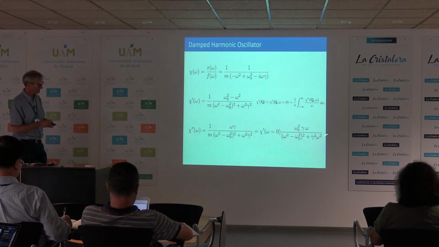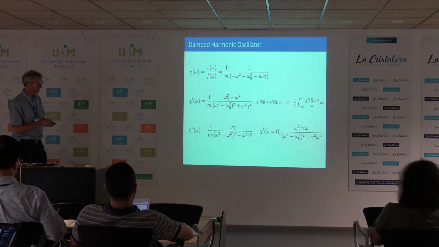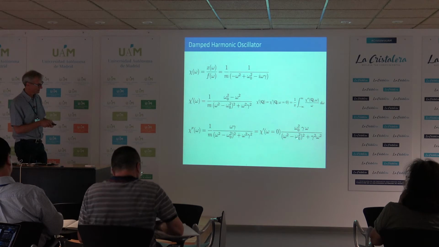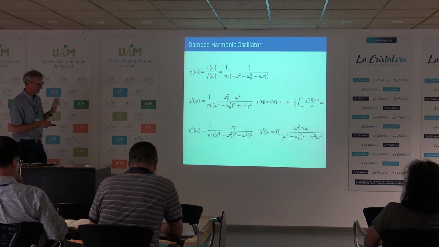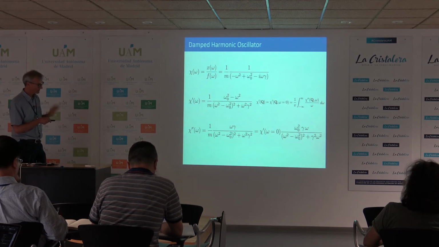One can write it in this compact form here. This is now the real part, which is the response here, and then we've got the damping and the frequency here. So you see that actually it's very useful.